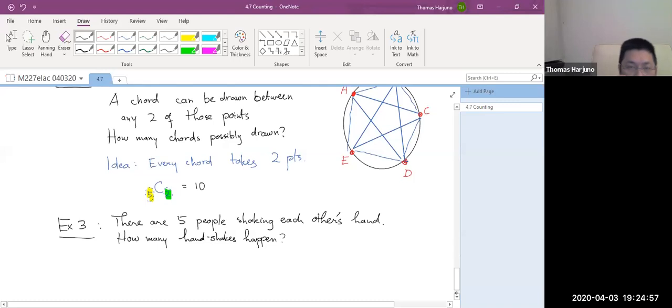Then if you think about it, the number of handshakes will be 5 combination 2 also. Because each handshake takes 2 people. If you have 5 people, then how many ways can I get a group of 2 different people? That will be 5 combination 2, and there will be, therefore, 10 handshakes also.